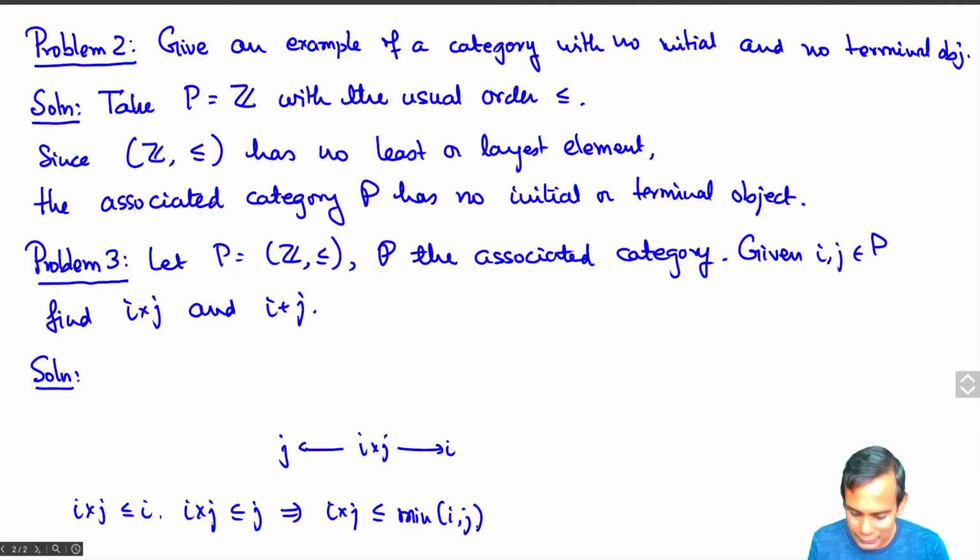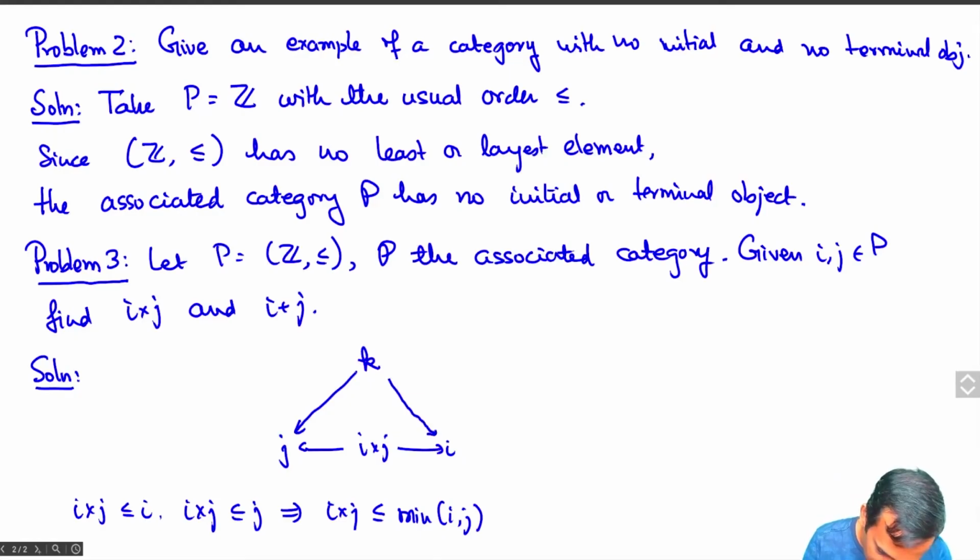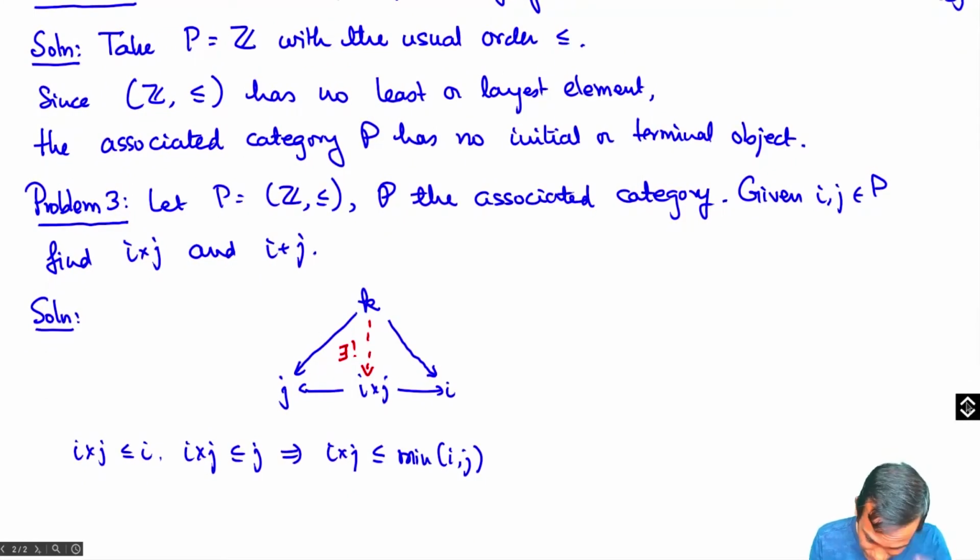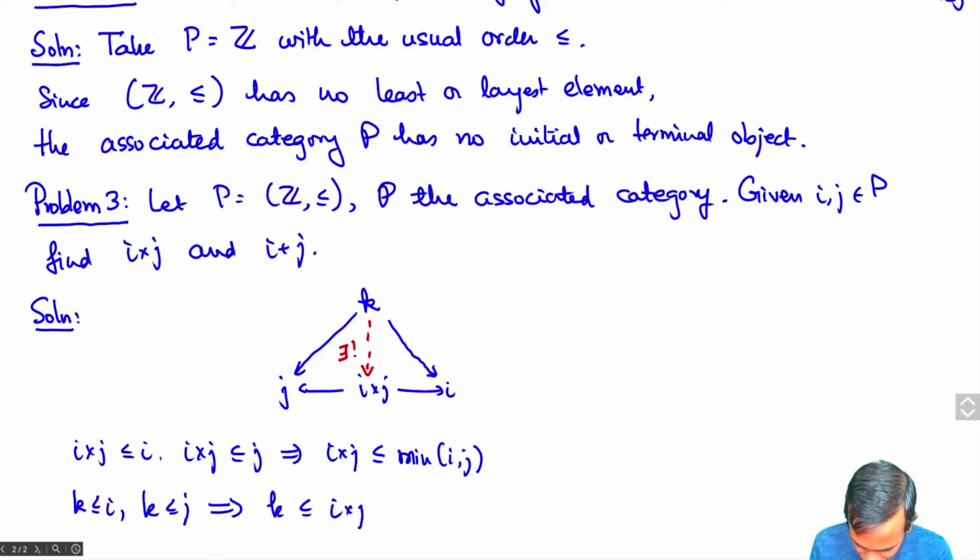The second requirement is that if you have any object k in your category with arrows to i and j, then there exists a unique arrow from k to i cross j. Now if k has an arrow to i, that means k is less than or equal to i, and k has an arrow to j means k is less than or equal to j, which implies that k is less than or equal to i cross j.